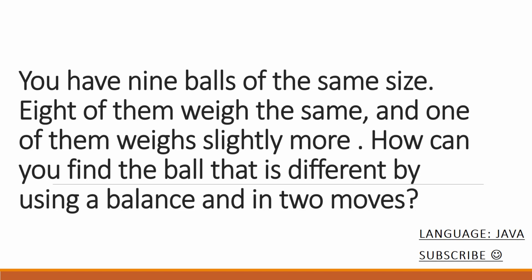If the first 2 groups equal each other, meaning they're part of the 8 balls that have the same weight, then we take them off and take the last group. Definitely the last group is going to have the ball that weighs the most. So we take 2 balls from the third group and put them on the scale. If they're the same size, that means the last ball is the heaviest.